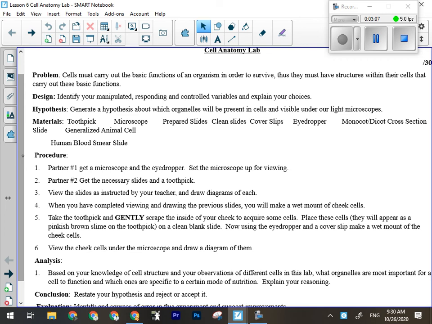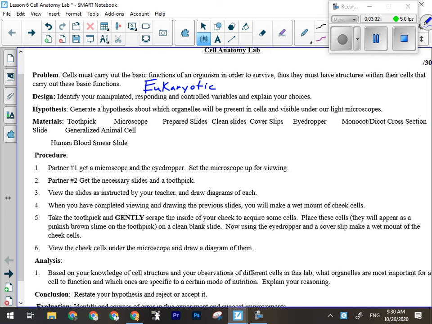I'll give you one of the controlled variables right now. In order for this experiment to work, all the cells we look at have to be eukaryotic. I talked about that the day that I went over the parts of the cell and what they do.